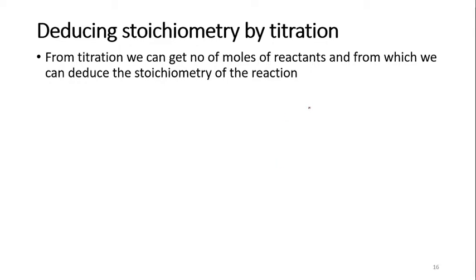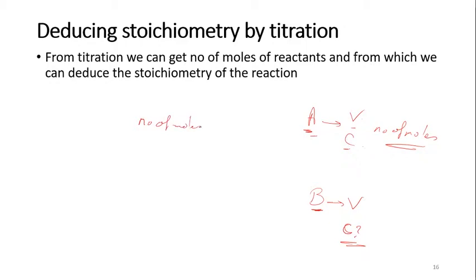So in titration, usually, if I'm titrating A against B, I know my volume of A because it is inside the burette, and I know the concentration of this A. And I'm titrating against B, where I know the volume of B, but I need to figure out the concentration of C. So I can use my information about A to find out the number of moles of A. From that, my number of moles would be equal to the volume times the concentration.